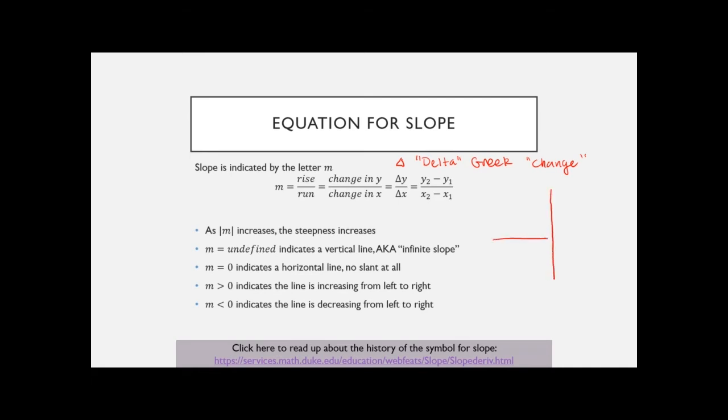So if I drew X, Y, and here's my line, and it's on an XY grid, I would have some point. You need 2 points in order to determine the slope, because you need to find the distance between those 2 points. Essentially what we're doing is getting a little triangle formed there.